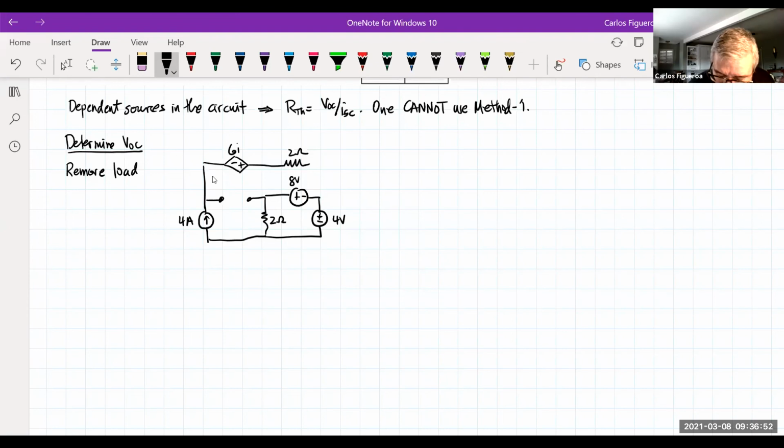This is an 8 volt. And this is my circuit. So I know that this is A, this is B, which means then this is VOC right there. So my job here is to calculate VOC.